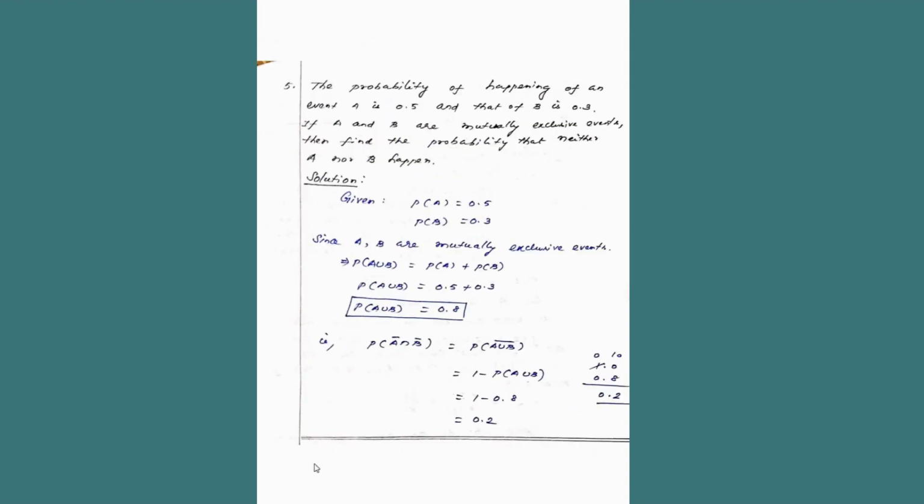So 2 minus P of A plus P of B. You substitute 0.8 for P of A plus P of B from equation number 1. So 2 minus 0.8, we get the answer 1.2. Therefore, P of A bar plus P of B bar is equal to 1.2.